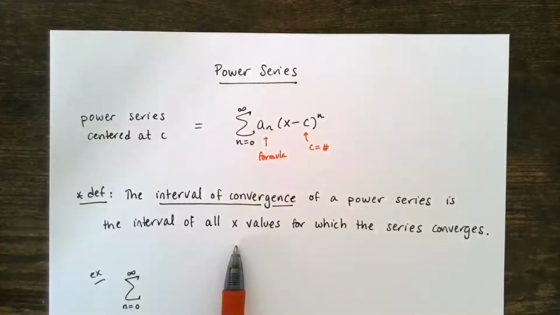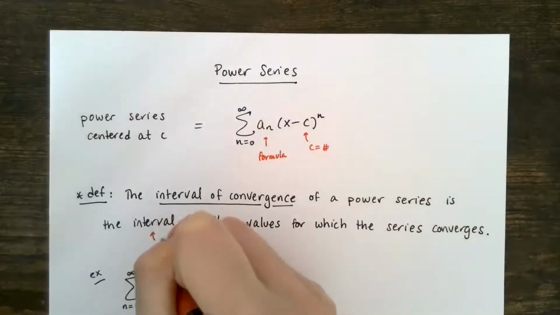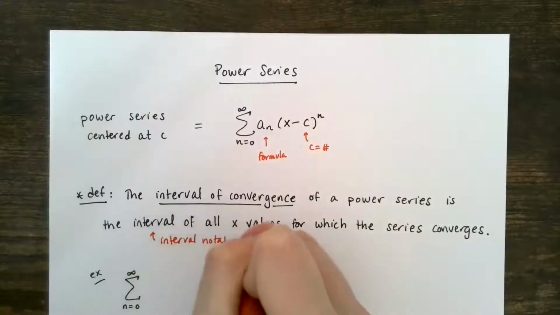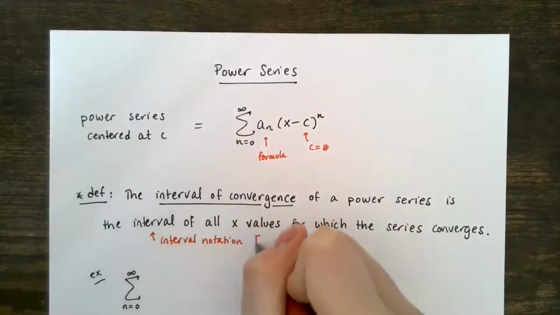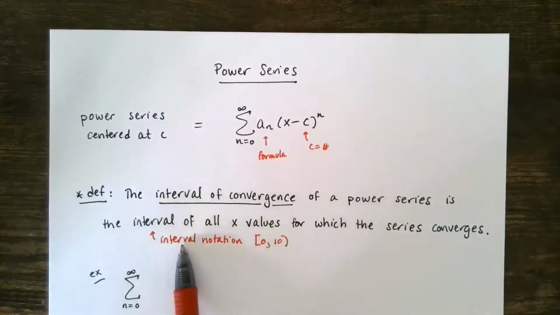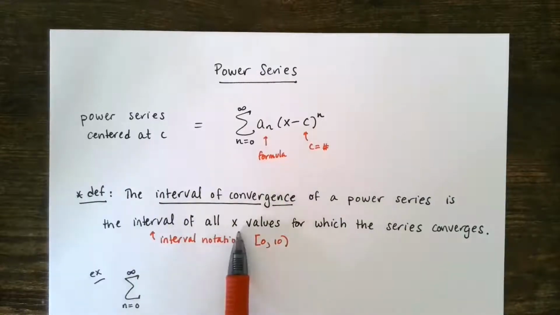You'll be given the formula of a power series and asked to find the interval of convergence. Now, one thing to notice is when we say interval, this is going to be in interval notation, something like 0 to 10 with brackets and parentheses. So you're going to write these in interval notation, and it's going to be the set of all the x values that make it a convergent series.